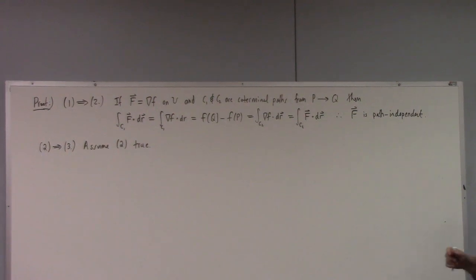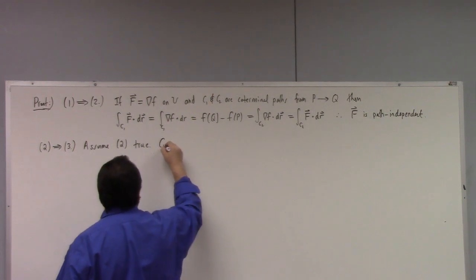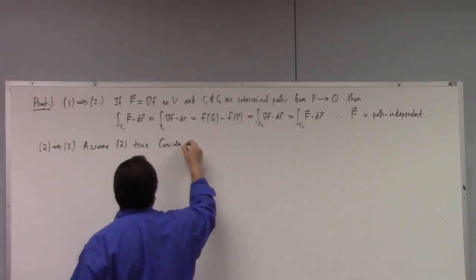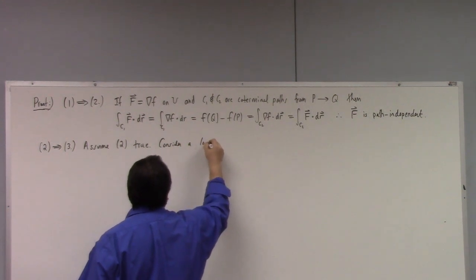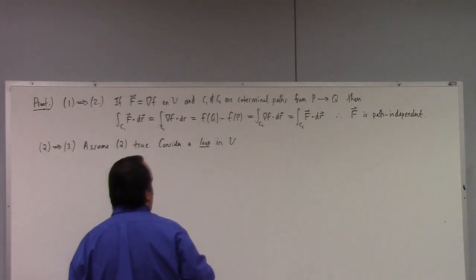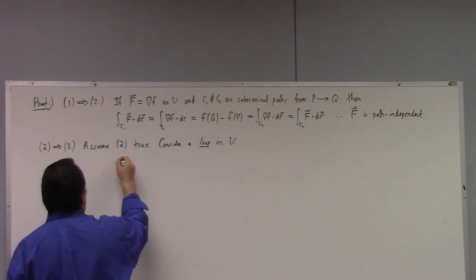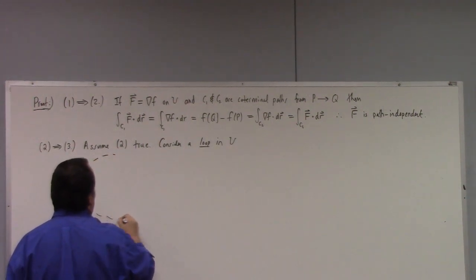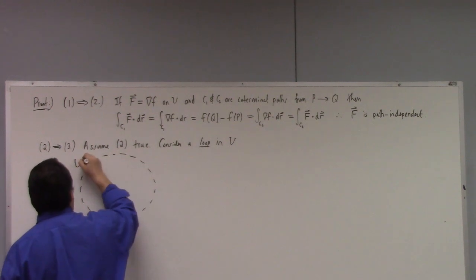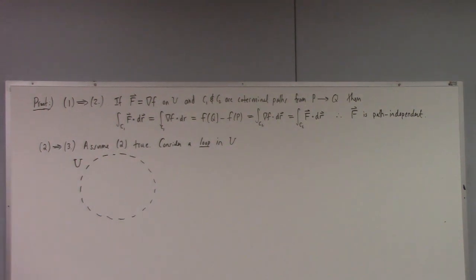So we're assuming F is path independent, all right? Consider a loop in U. Then what does that mean? If I have the picture something like this, here's my U. If we have a loop, what does it look like?